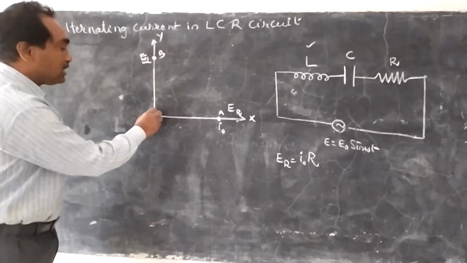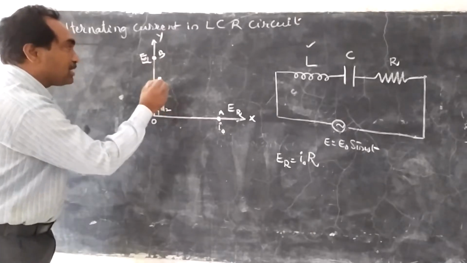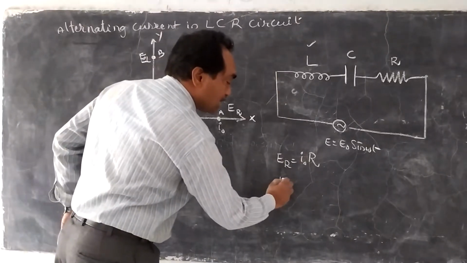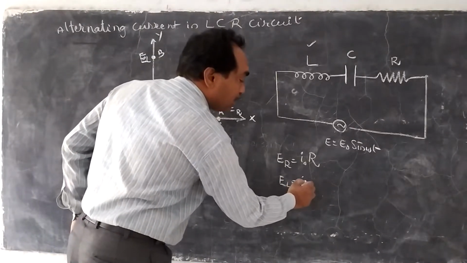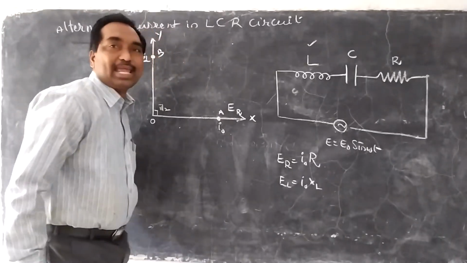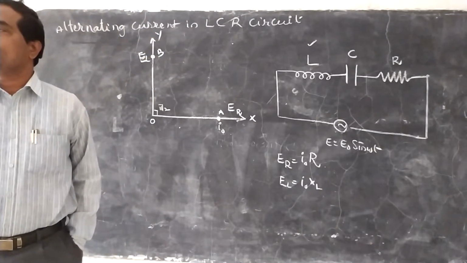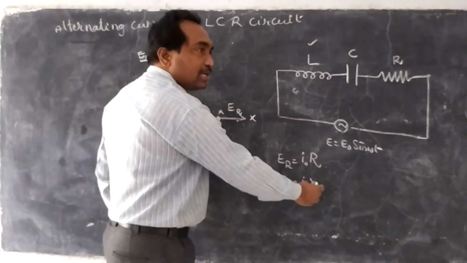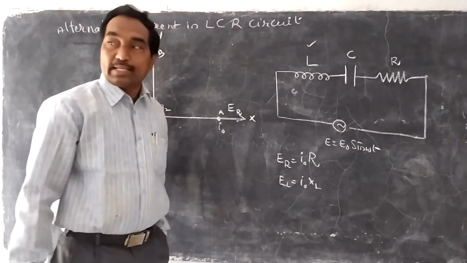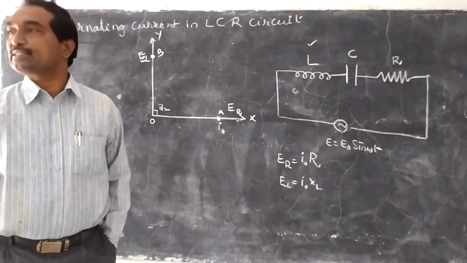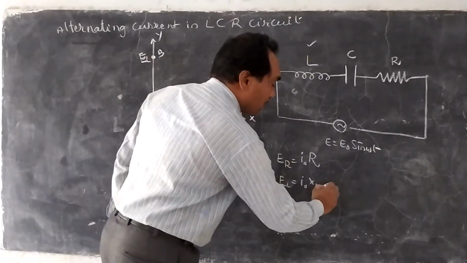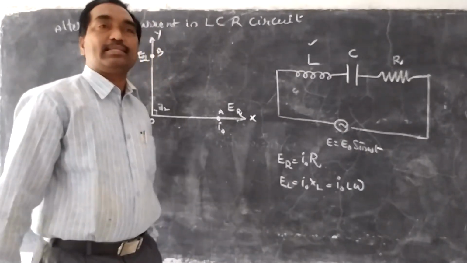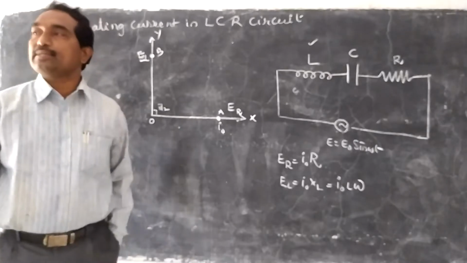What is the voltage across the inductance? We know EL is equal to the current I naught into the inductive reactance XL. It is just like Ohm's law, E equal to IR, where XL is the inductive reactance which plays the role of resistance. XL is equal to omega L, where L is the inductance and omega is the angular frequency.